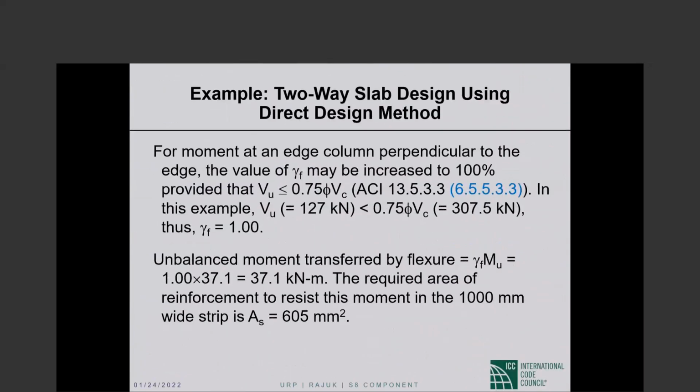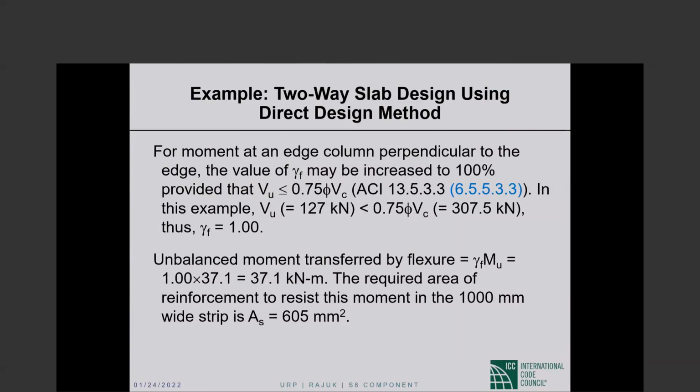So that's when we did not take advantage of the flexibility that we have. We transferred 62% of the unbalanced moment by flexure. Now we want to take advantage of what Jacob Grossman gave us.